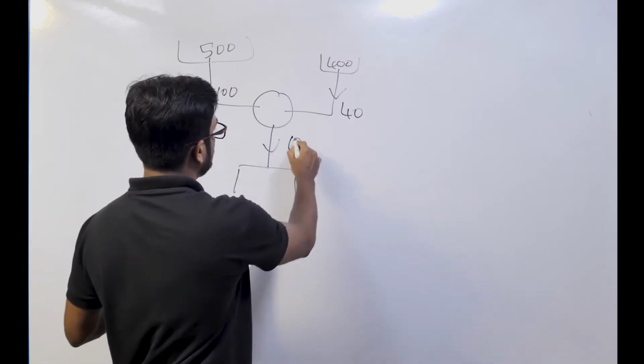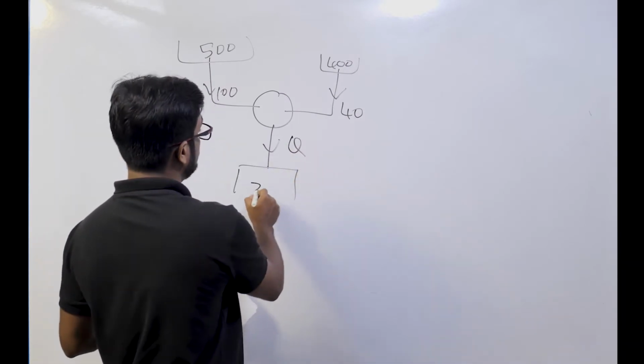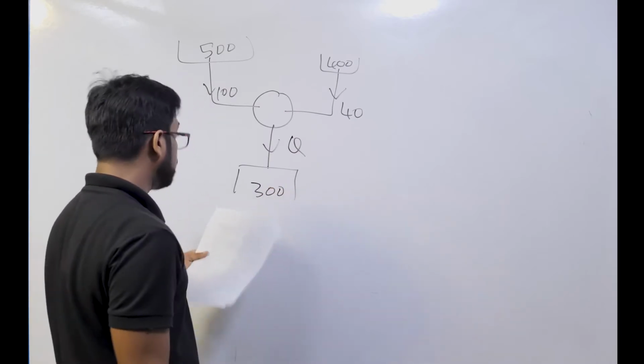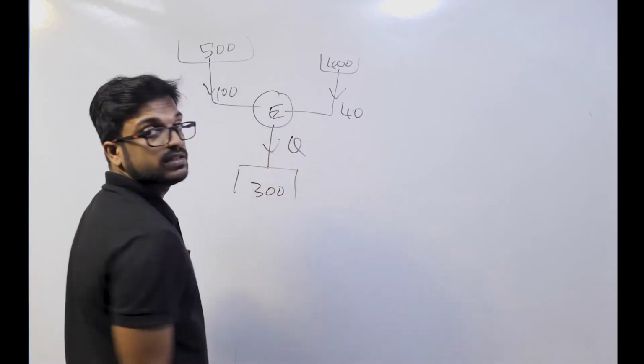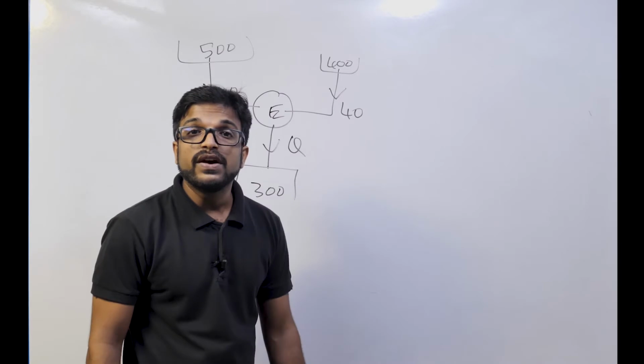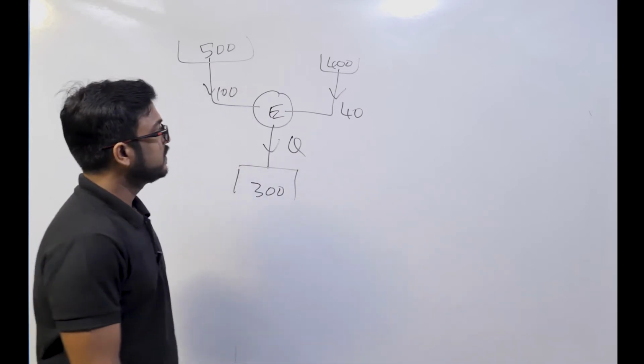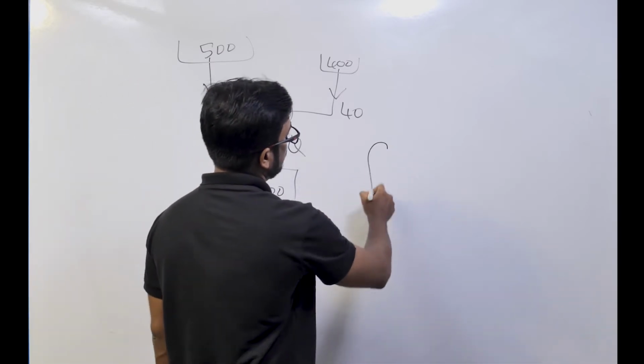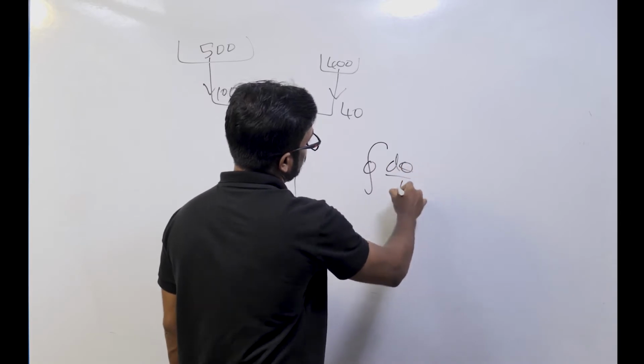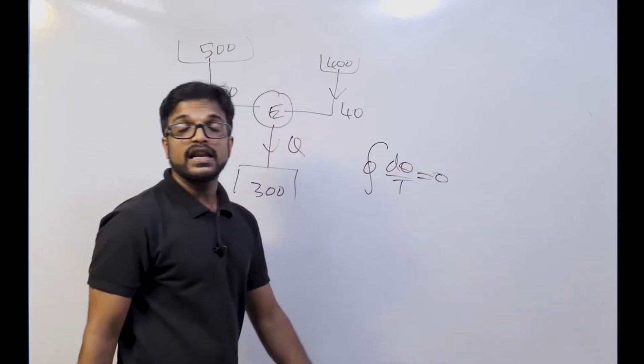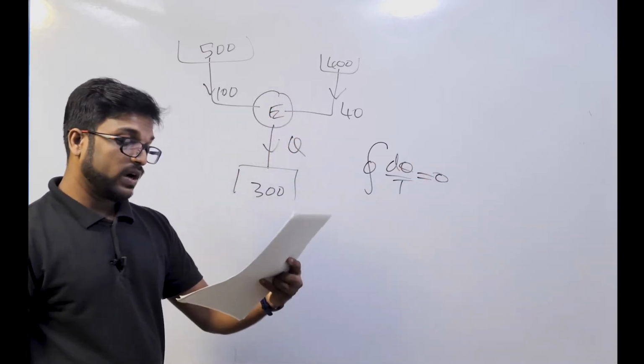And it is rejecting some heat at what temperature? At 300 Kelvin. It is said that it is a reversible engine, right? As far as a reversible cycle is concerned, you know that the cyclic integral of dQ by T should be equal to 0. What are they telling us to find? They are telling us to find the work output.